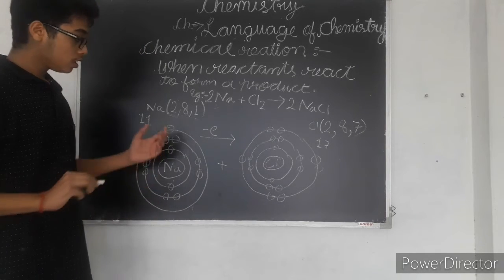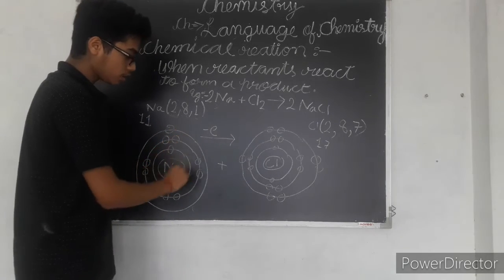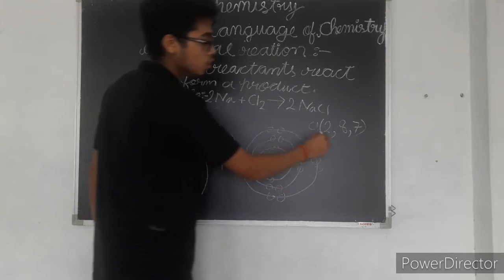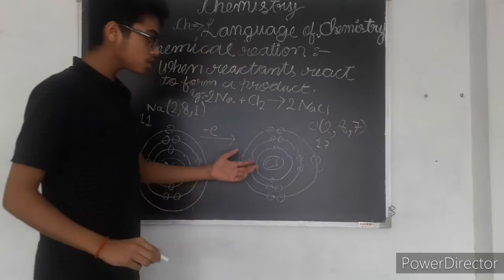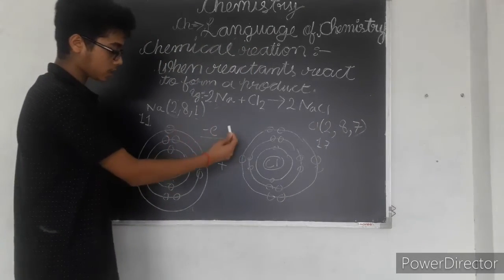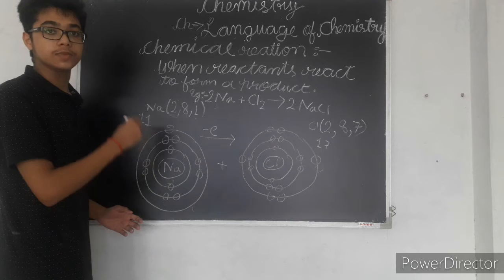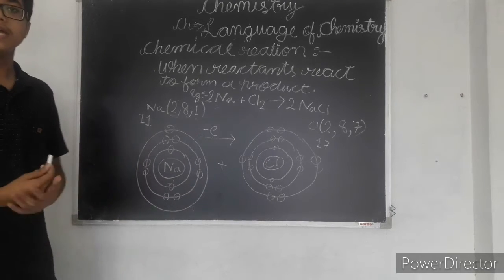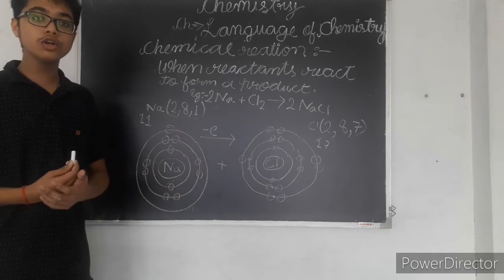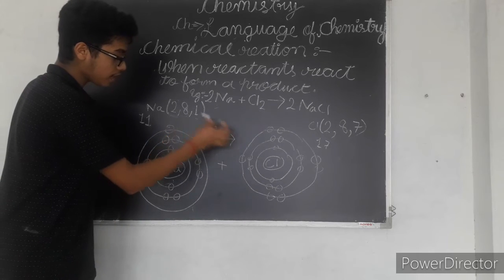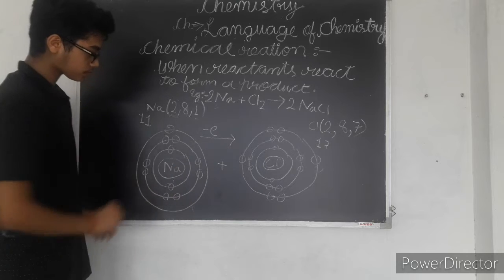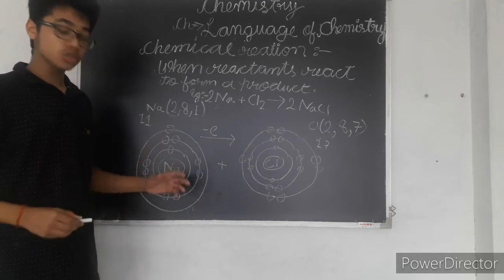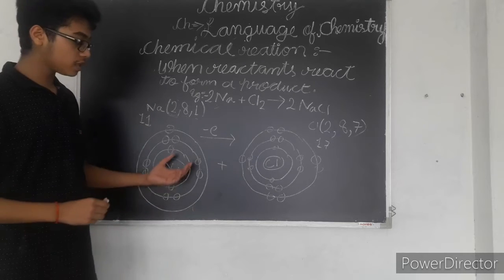So this one electron: sodium gives one electron to chlorine and it becomes 2 8 8. When it gives one electron, it becomes positively charged, because we have studied that the number of electrons is equal to the number of protons, but when it gives one electron, only 10 electrons are left, but protons are 11, so it becomes positively charged after the reaction.